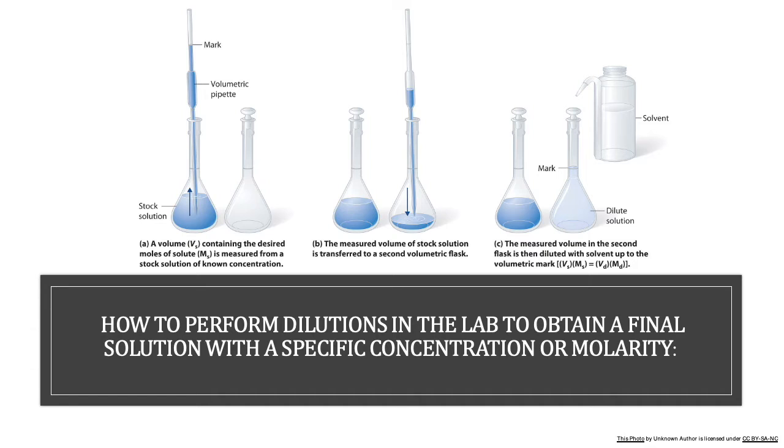Then we would add water and dilute it until we get up to the mark that marks the exact volume of the flask. Then we've performed a dilution, and we know exactly how much solute is in that solution and what the concentration is.